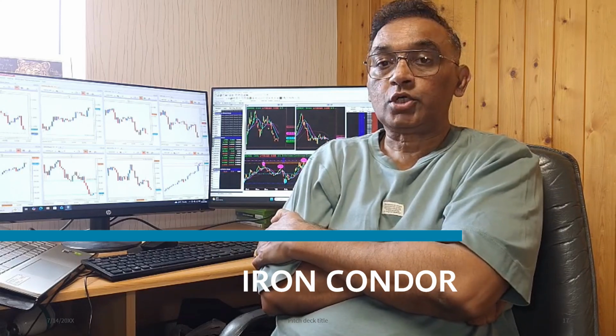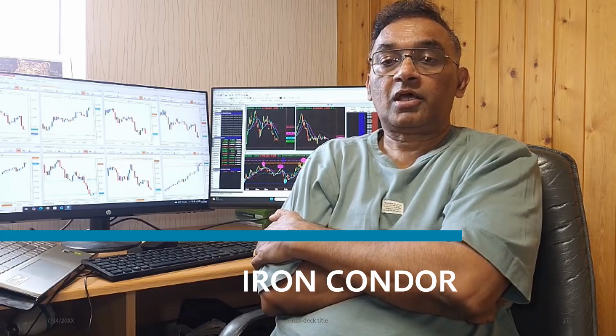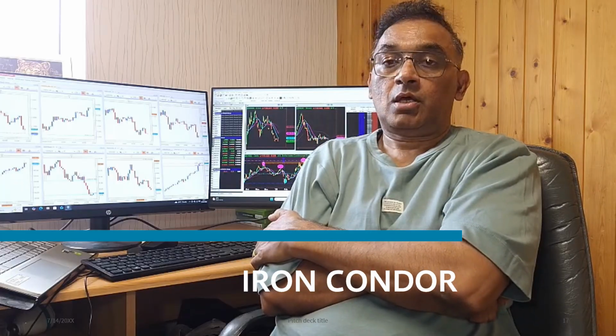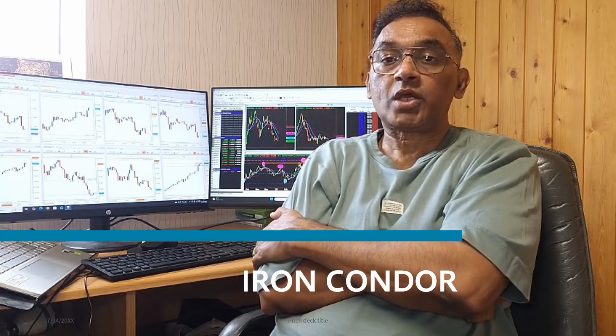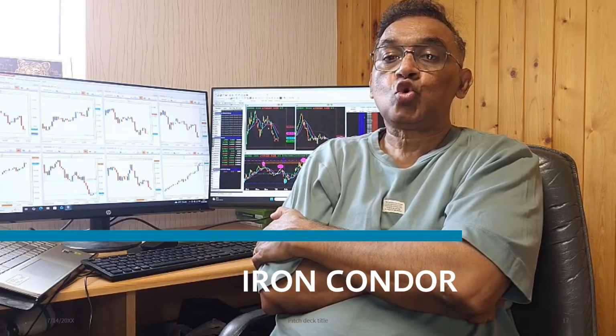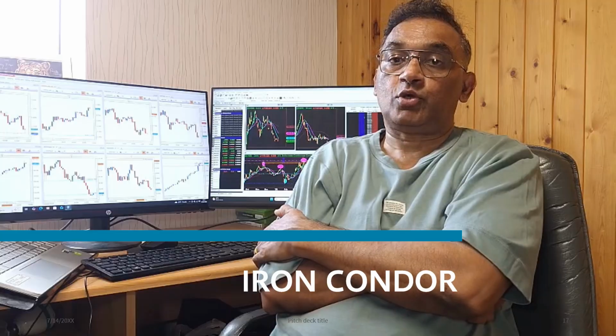So in order to restrict the losses from the change in implied volatility of the market or a sudden swing of the price in either direction, we bring in two long positions which are going to be deeper OTM units.